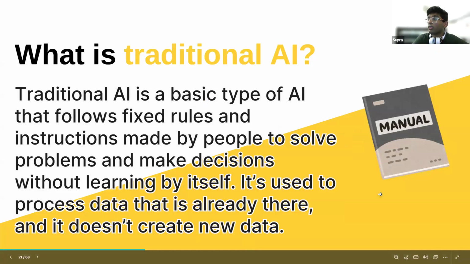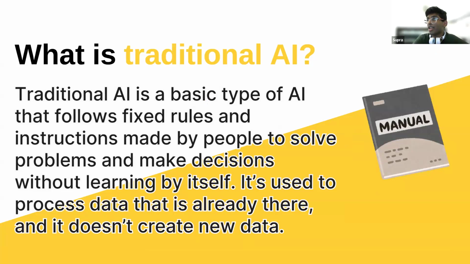So you've obviously already heard of ChatGPT or Alexa or Google or whatever. All of those are definitely not traditional AI because they don't follow fixed rules and instructions. Instead, they use algorithms and learn, and they're more adaptable too.